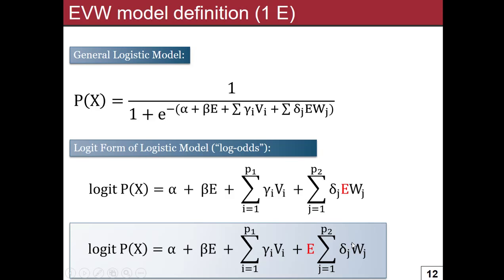Given you have one observation of data on somebody, they all have the same value of exposure. So you can factor it out, and it becomes E times the sum of the deltas times W. This is handy because, as you'll see when we compute the odds ratio, it's nice to have this E factored out. But this is just an algebraic trick. The sum of a constant many times is the same as the constant times the sum. This is just factoring out something from a summation. So this is mathematically equivalent to the version up above.